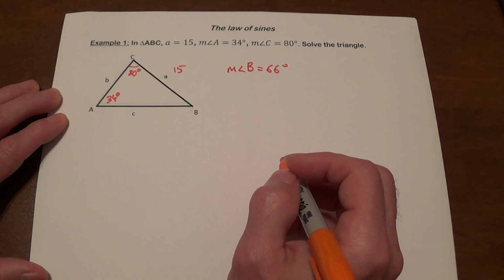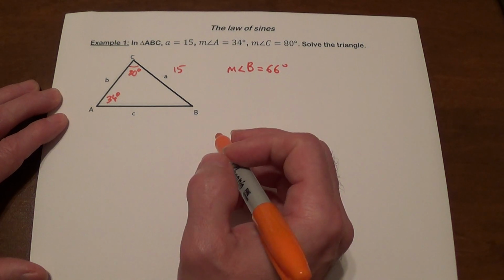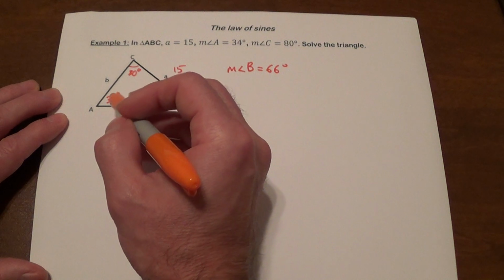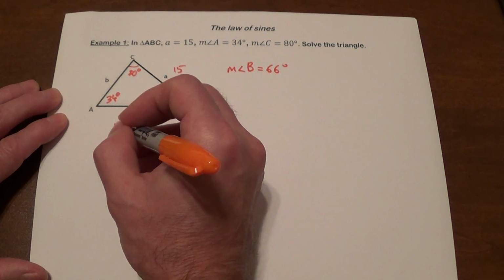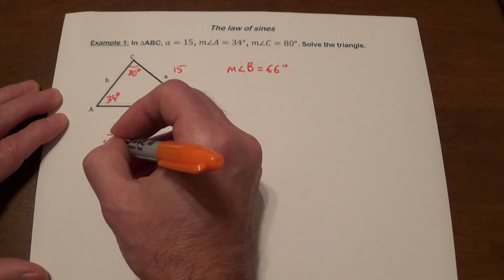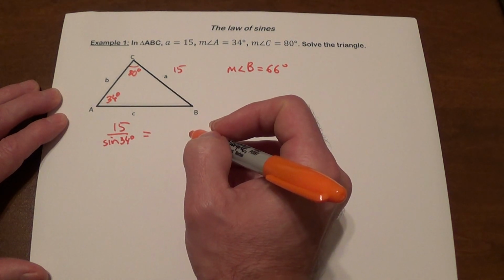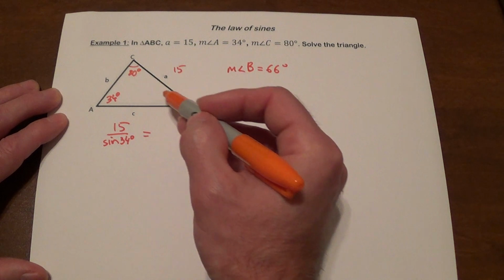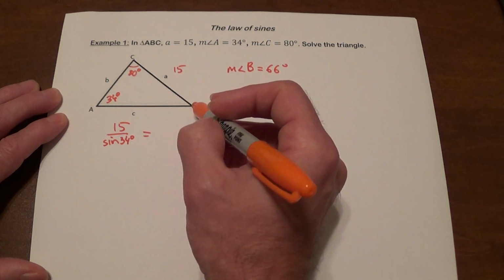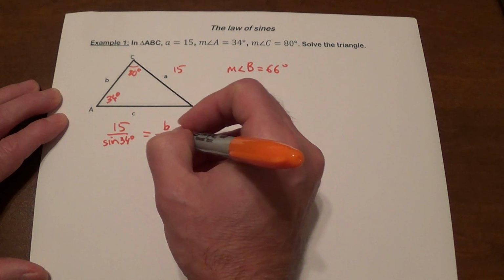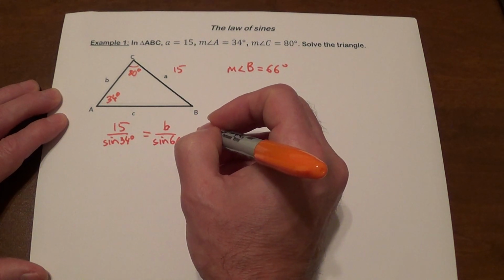Then we still need to find the two remaining sides. So what can we do? We can write that this side over the sine of that angle, so it's a over sine A, is going to equal this side over this angle, which we already know, so it's b over sine 66 degrees.